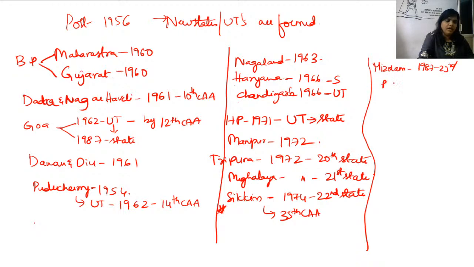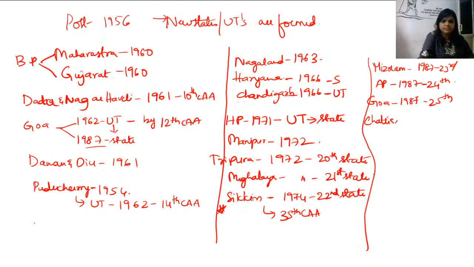You have Arunachal Pradesh 1987, 24th state. And we all know Goa was created in 1987 as 25th state.